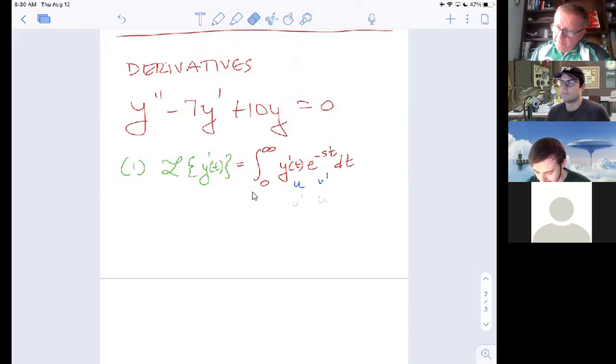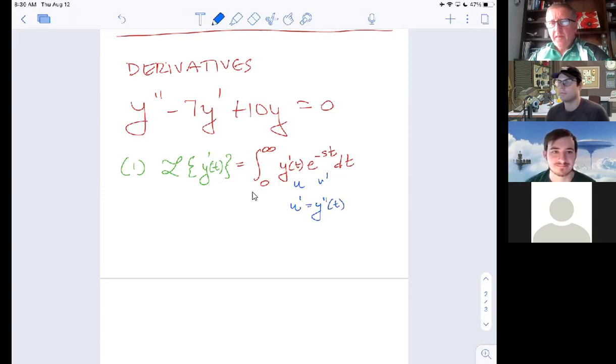So I want you to think about that for a second. Well, if we did it this way, then wouldn't u prime be the derivative of that, which I guess then would make it a second derivative. You agree with that? Doesn't that feel like that's making it worse? And that's actually true. That's actually making it worse.